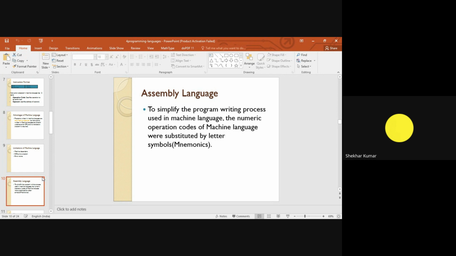We have used some mnemonics, some variables, some names for these instructions. Some symbols are used to describe these instruction fields. These symbols are called mnemonics.